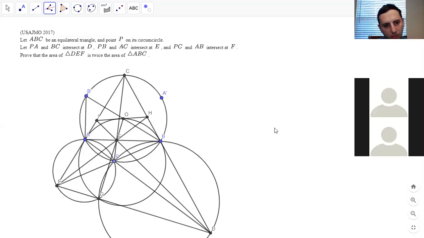All right. Yeah, because FPA is 60 degrees. So there's a lot of angles that we have here. So yeah, how do we start with triangle DEF?